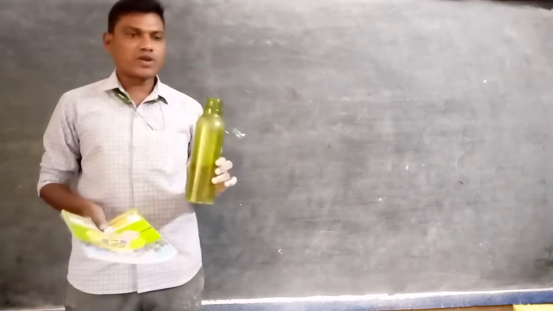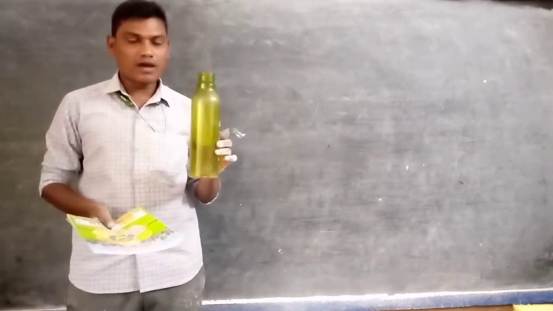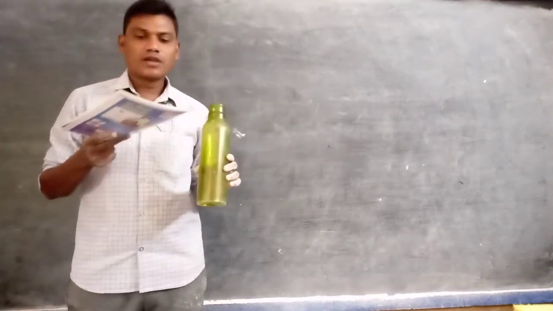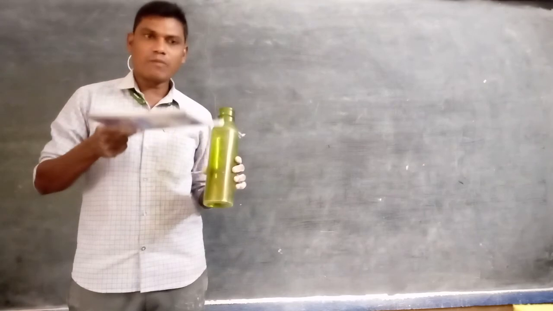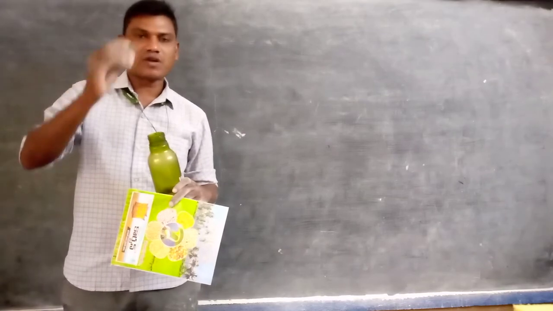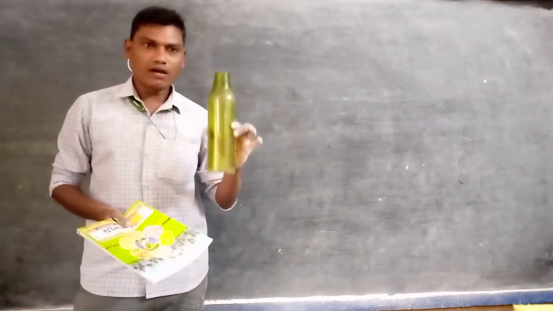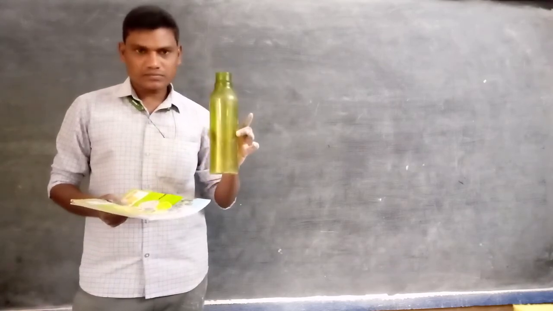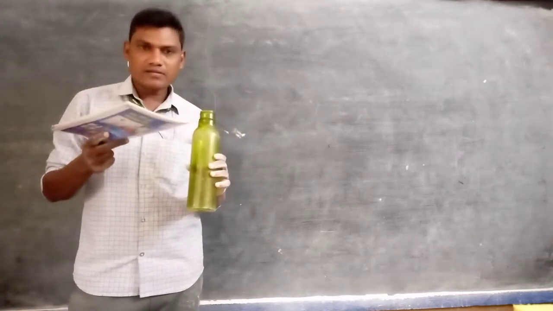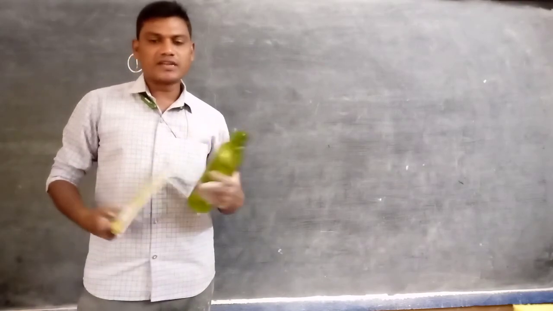For this, we want a bottle or a glass tumbler or whatever material having a mouth, one pad or one book, and a coin, whether 1 rupee, 2 rupee or 5 rupees. Mostly we want three materials: a bottle or beaker with a narrow mouth, a pad or a book, and a coin. These are the materials.